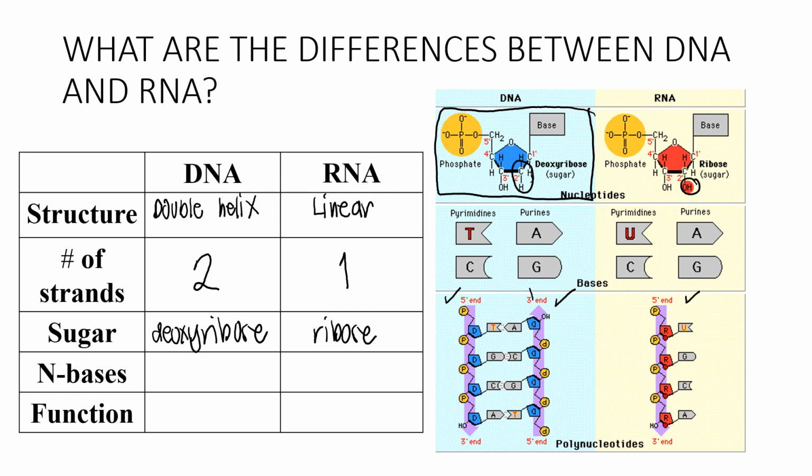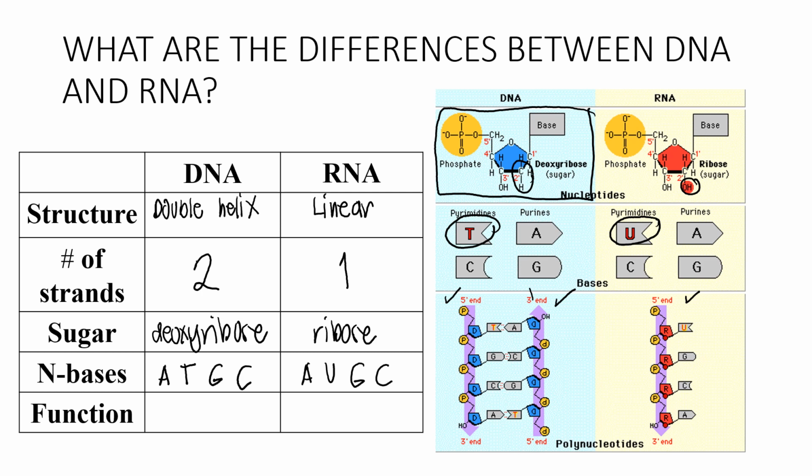In terms of the nitrogenous bases, for DNA we have adenine, thymine, guanine, and cytosine. For RNA, we have adenine, uracil, guanine, and cytosine. So you will see here the difference between the pyrimidines, thymine, and uracil.